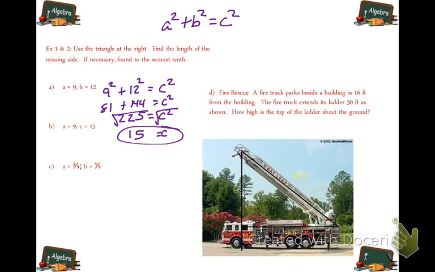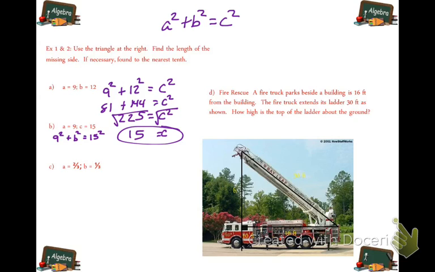All right, B. This time they gave me A. So I'm going to plug in 9 for A, so that would be 9 squared. B, they did not give me anything for, so I keep it there as B squared equals C squared, so that would be 15 squared.